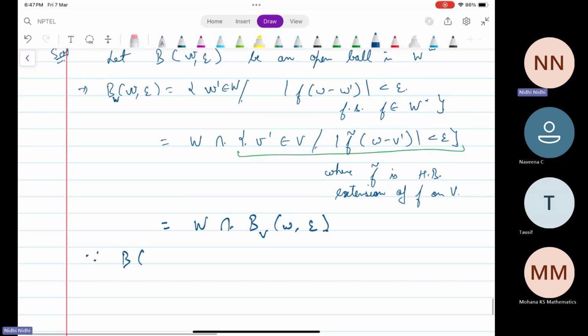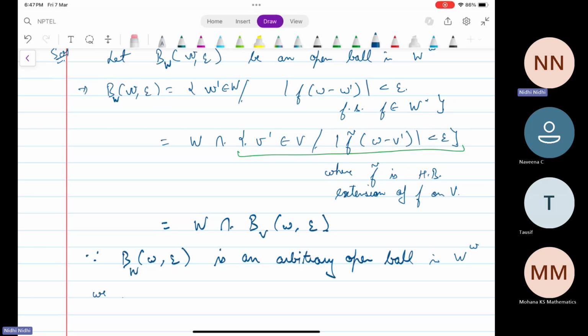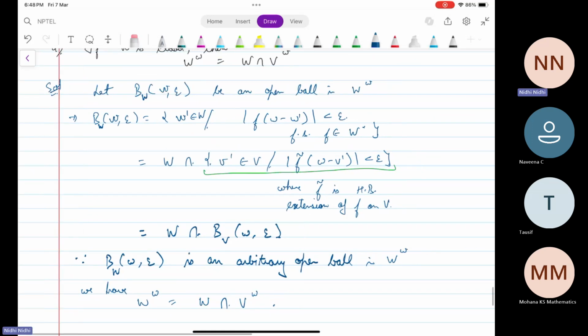And since B_W(epsilon) is an arbitrary open ball in W weak, we have W weak is equal to W intersection V weak. I hope this is fine.